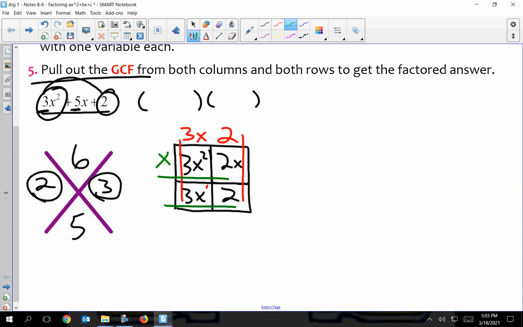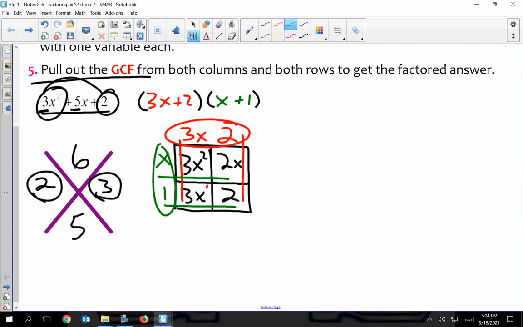So I can take out a GCF of 1. If you say I can't take anything out, now you can take out a 1. So now I get what I had on the top, 3x and 2, and that goes in one set of parentheses, and I take what I have on the side, and that goes in the other set of parentheses, and there's my factors.